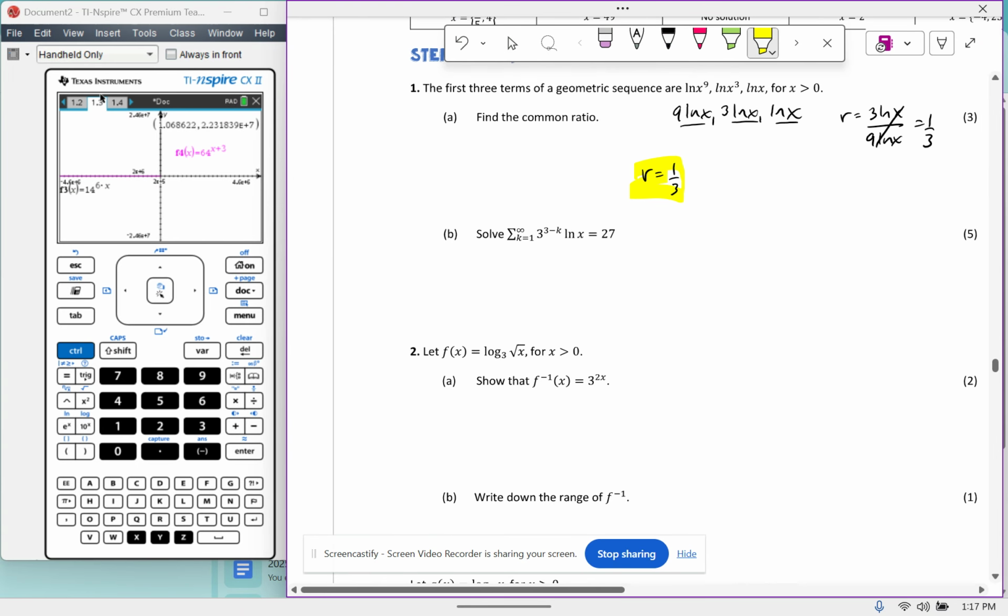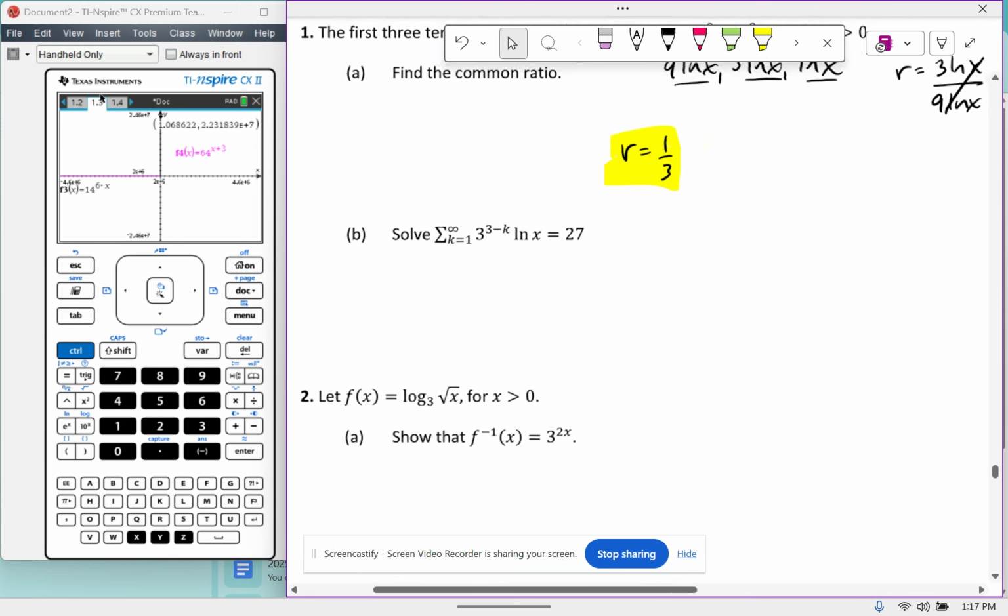That's not the tricky part. The tricky part is B, but it's also not tricky if you just trust your gut, okay? So let's trust our gut and look at B. We are solving a geometric series. I see a little sigma notation, so I know I'm adding all the terms together, right?